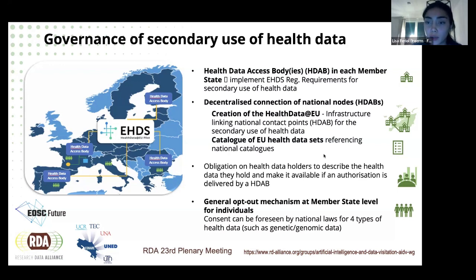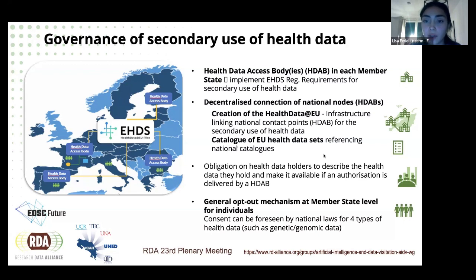A catalog describing the data sets available in each country will be set up by the European Commission. And one of the major changes brought about by the regulation is the obligation for health data holders to describe the health data they hold and to make it accessible if an access authorization is granted by the health data access body to an applicant.